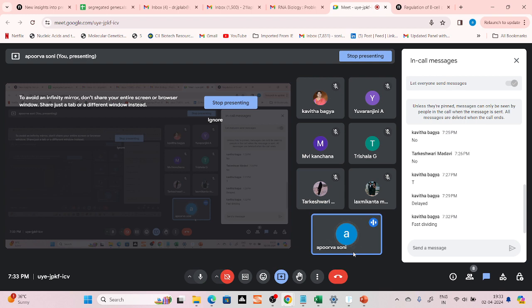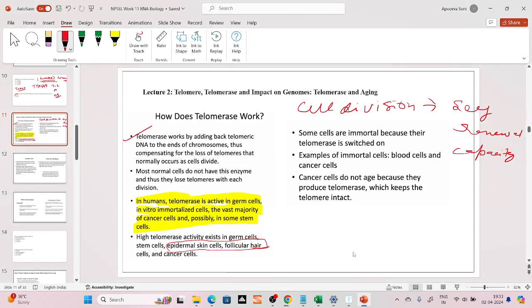So telomerase is actually important in your skin cells and your hair cells to replenish the cells that have died. And this is because telomerase enzyme is active in germ cells, in stem cells, in epidermal skin cells, in follicular hair cells, and cancer cells.